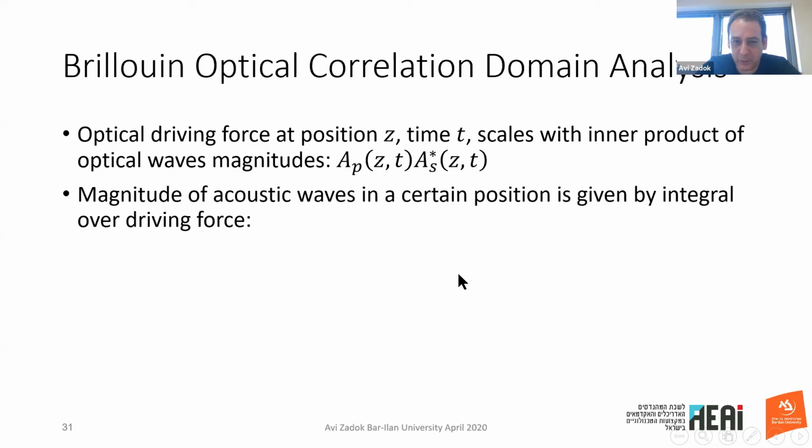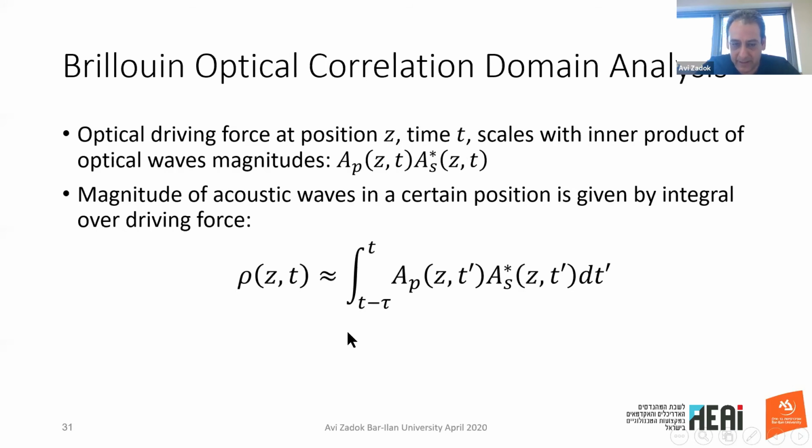But how much acoustic wave are we actually getting? In order to calculate this, we have to integrate this driving force along a certain time. Rho is the magnitude of the acoustic wave, and it is proportional to this inner product integrated over the lifetime.